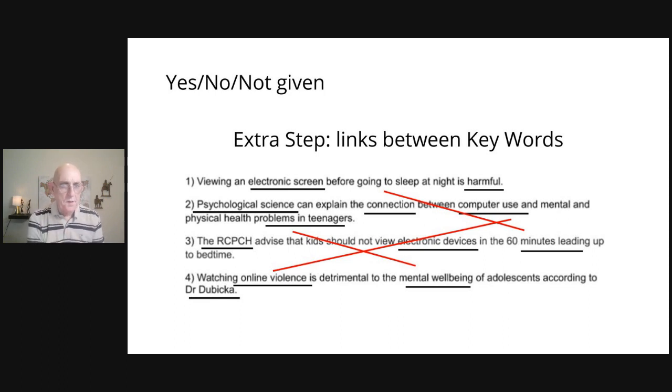And then we have computer use and online violence. Computer use and online, the idea of being online, are very similar. But when we want to notice the specific differences that will give us the best clues, it's important to see not only the links, but how they're different.